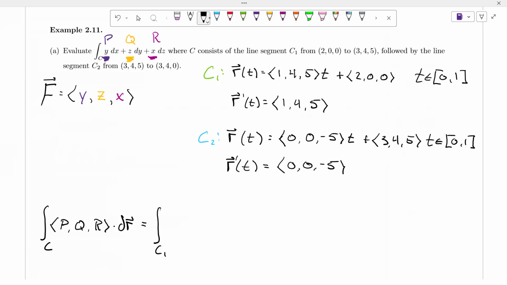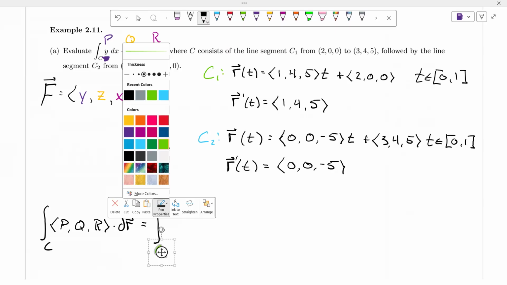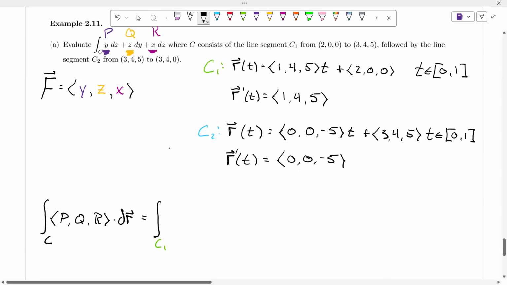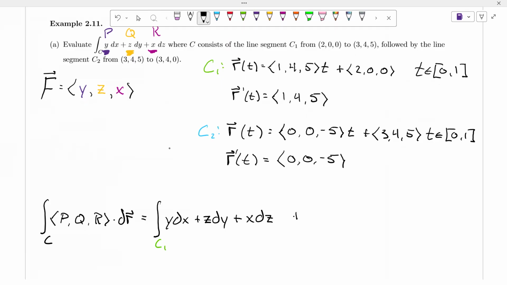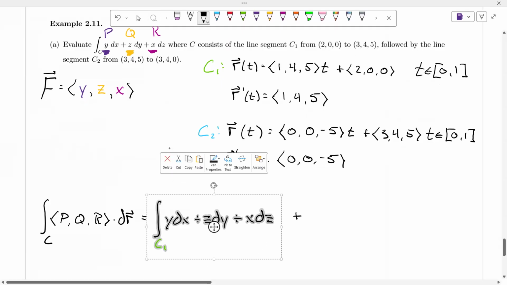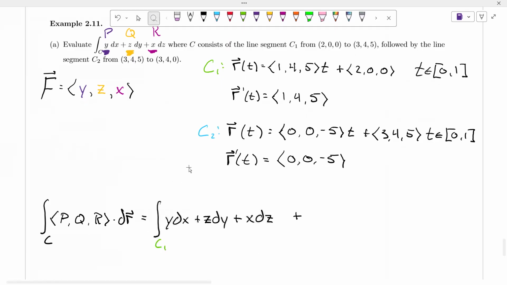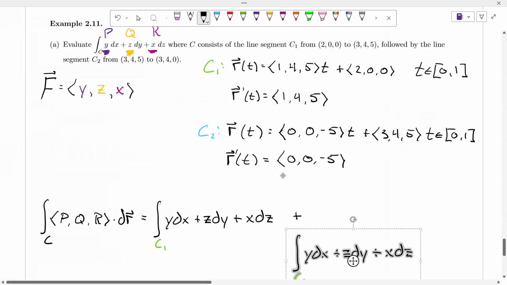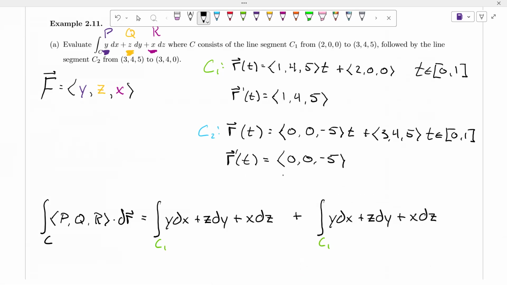There's one over the curve C1, which is going to look like whatever that field was, y dx plus z dy plus x dz. And then I have to add to that the same thing, me being extra lazy and copying and pasting the previous work, but changing that C1 to a C2.